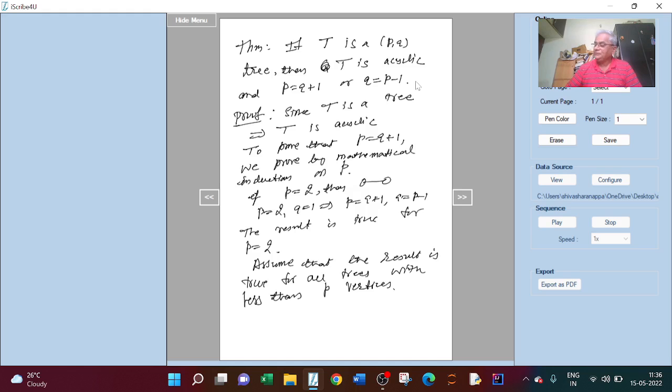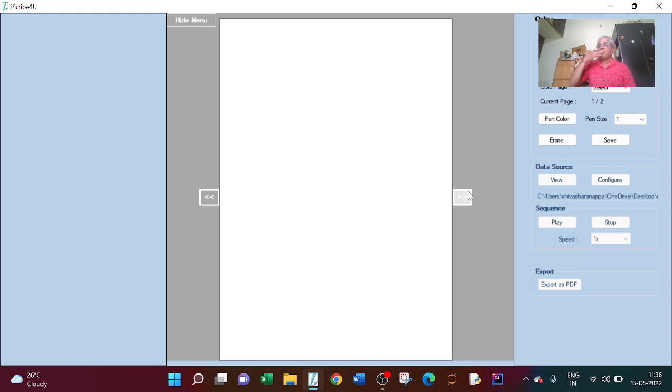Okay, this is our assumption. The result is true for all trees with less than P vertices. Now let me consider a tree with P vertices. Let T be a tree with say P vertices.